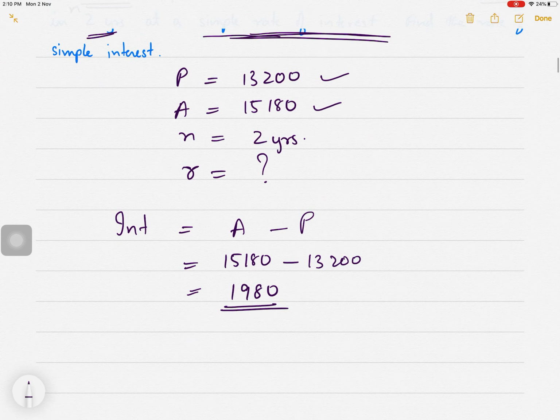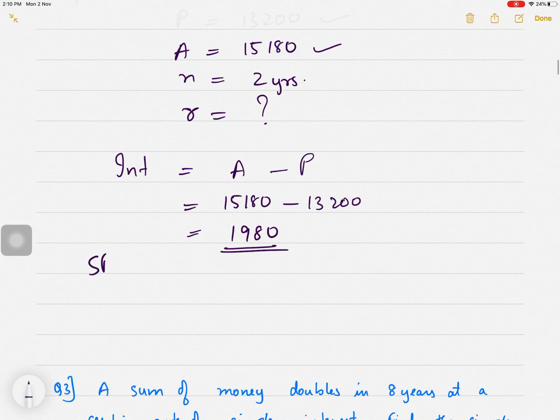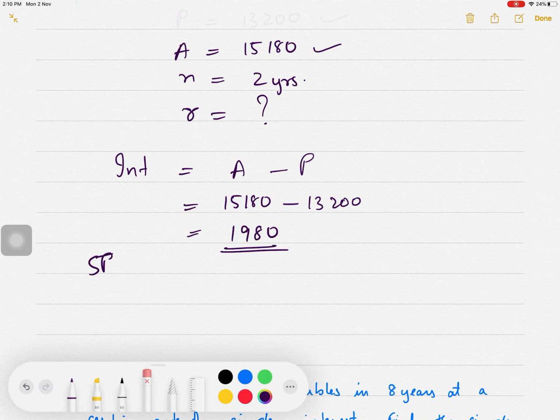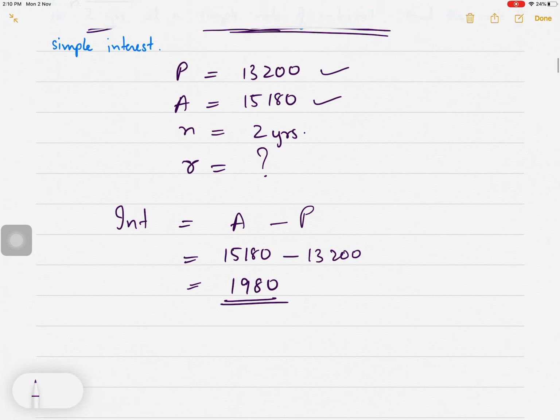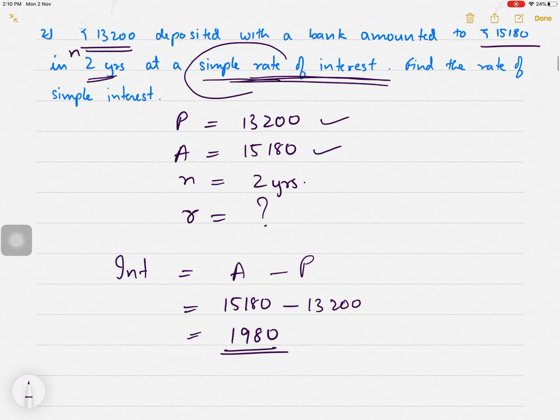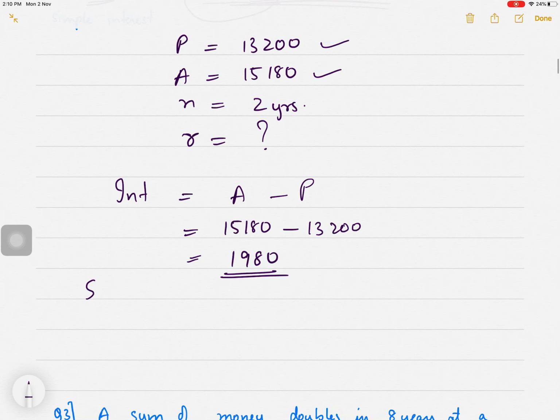Now you have to find R. It is a simple interest question. So simple interest is equal to P into N into R. Interest is 1,980. P is 13,200. N is 2 years.